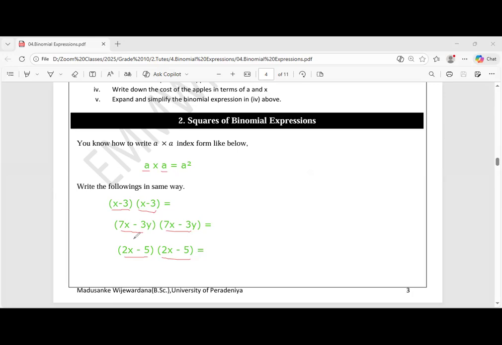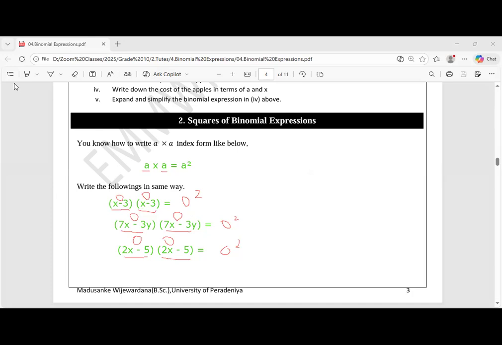They are like apple, apple, orange, orange. So apple to the power 2, orange to the power 2. That is the thing that you need to identify.